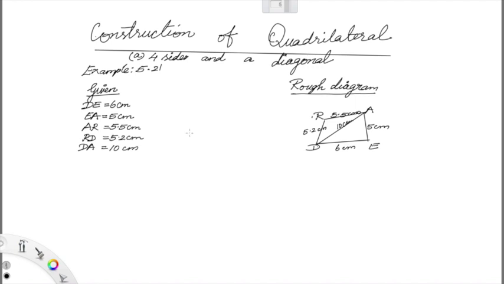So first step, what we have to do now? Shall we take that DE? Yes, take DE 6 centimeter. Then name it as D and it is 6 centimeter. And now take your compass, take 5 centimeter in your compass and place it at E, and cut an arc for 5 centimeter.